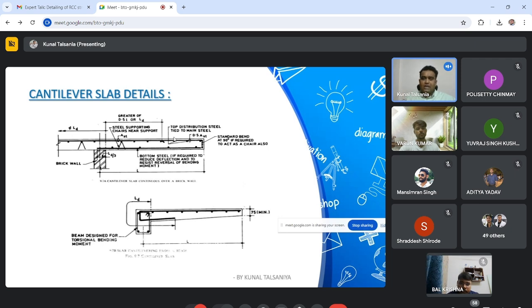Suppose your top reinforcement is 8 torr at 100 center to center, for example, in the bottom you can provide only 8 torr at 200 or 8 torr at 250 center to center, because in the bottom no tension will be there, just in the top tension will be there. So you have to focus on the top only.